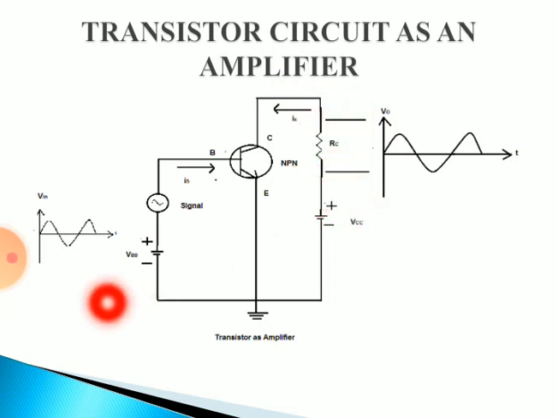In the sense, now if you are applying 2 volt of input voltage, at this you will get 4 volt. So that is nothing but your small input signal is amplified to a larger output voltage. Okay, so this is how your transistor circuit is used as an amplifier.